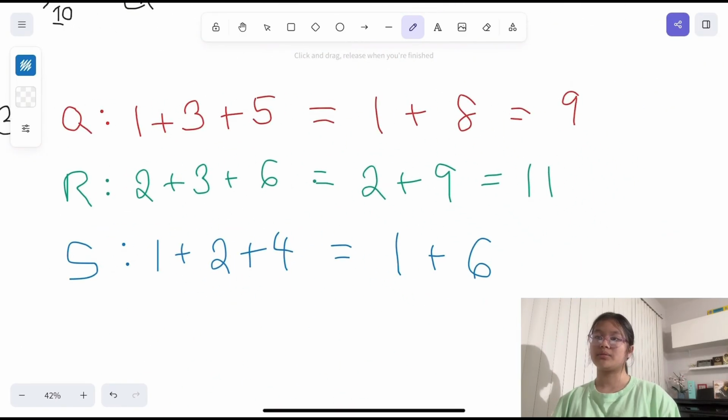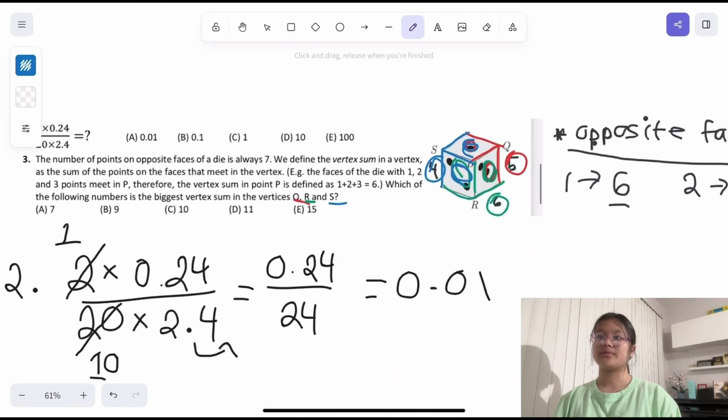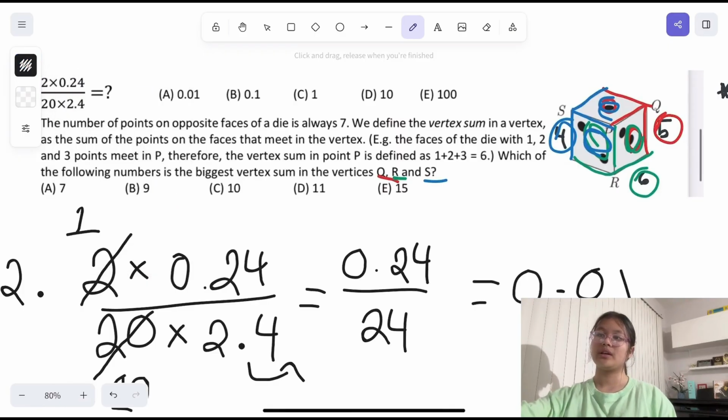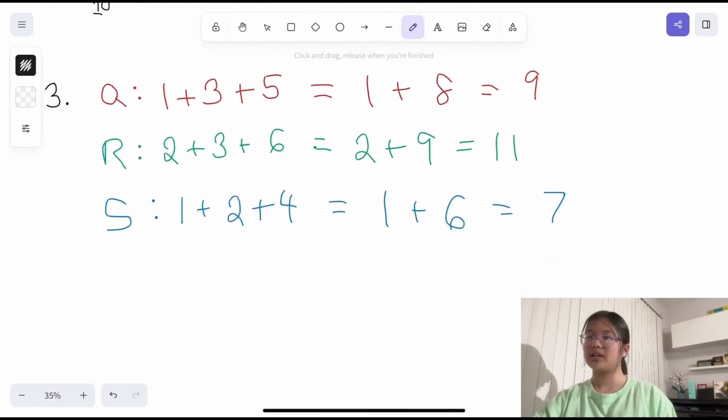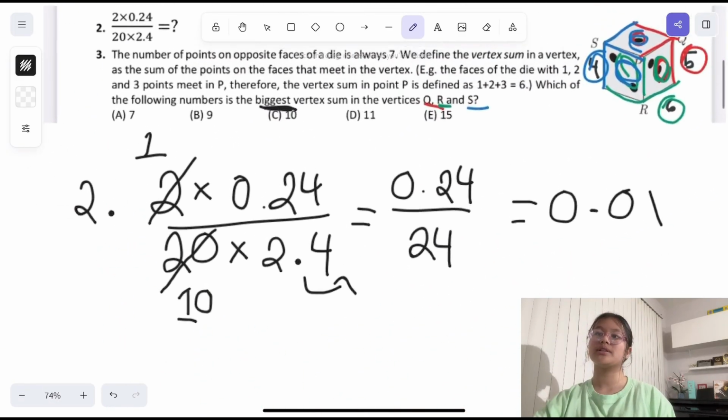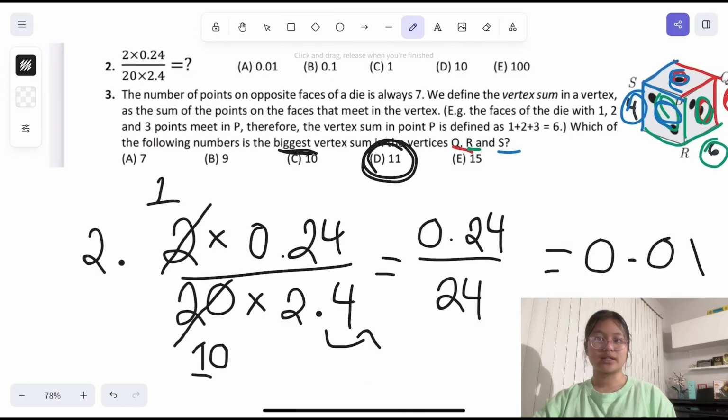The biggest vertex sum, as we can see, is 11 from what we calculated. So we can answer that, and we can circle letter D.